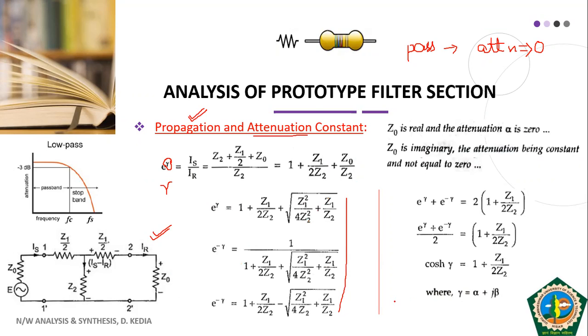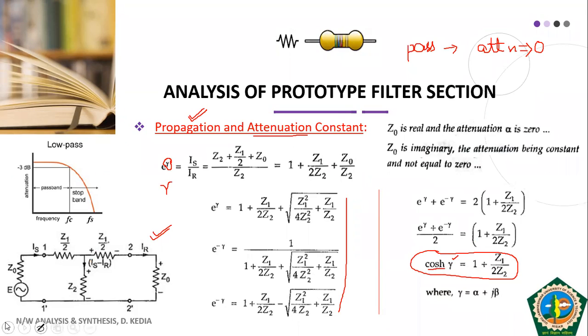Finally, we arrive at this expression for your propagation constant: cos hyperbolic of gamma is equal to 1 plus Z1 by 2 Z2. So we have expressed the propagation constant in the form of Z1 and Z2.